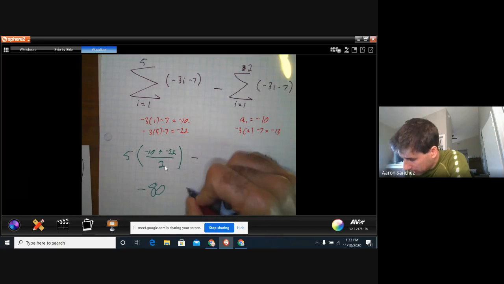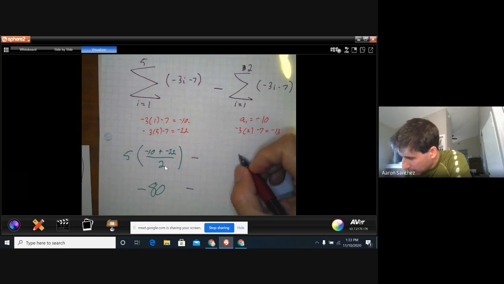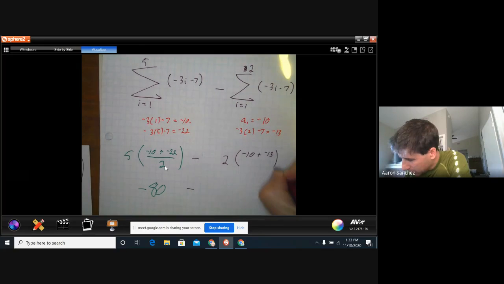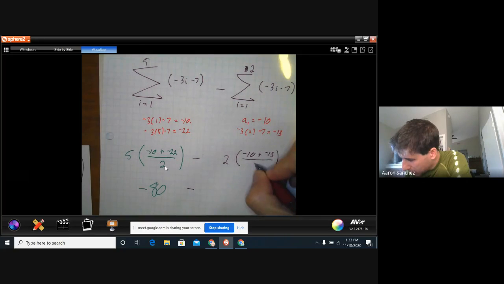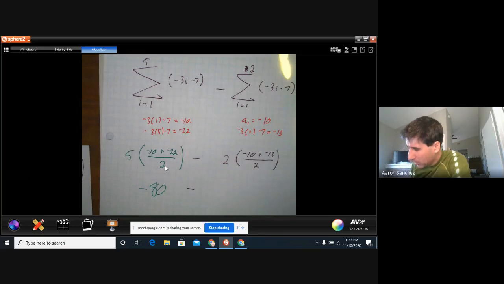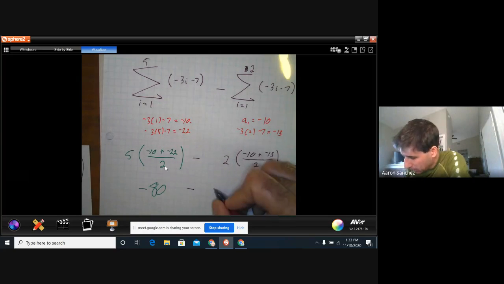Minus 2 times negative 10 plus negative 13, all divided by 2. Negative 23 divided by 2, times 2 is negative 23.